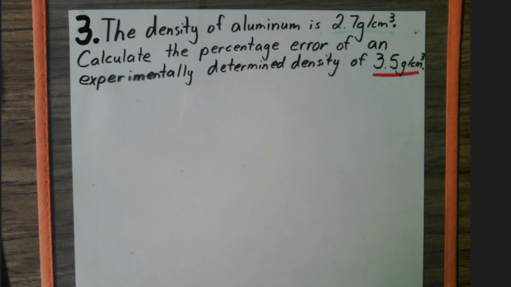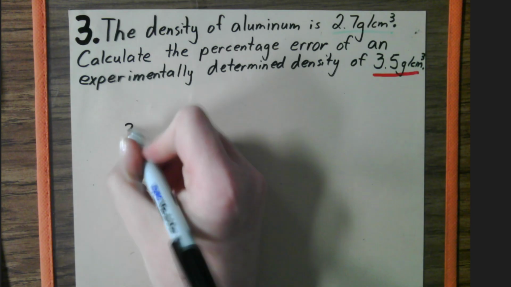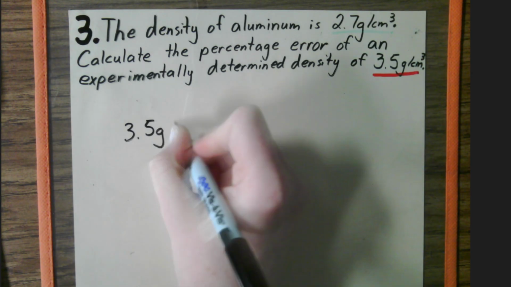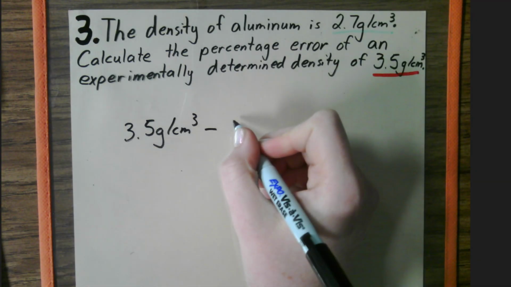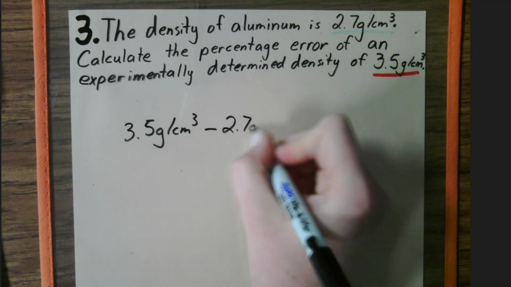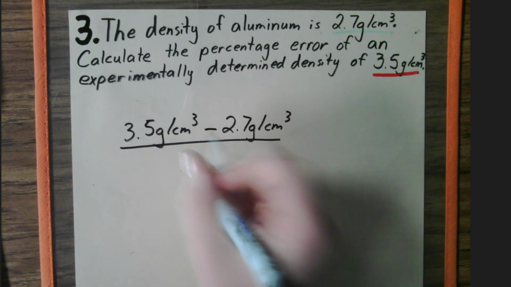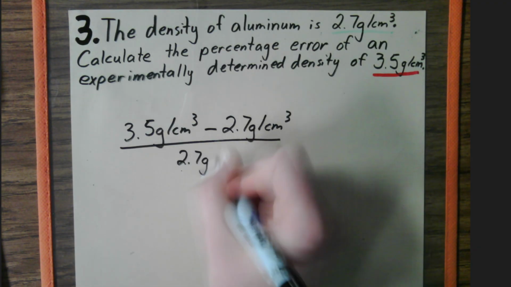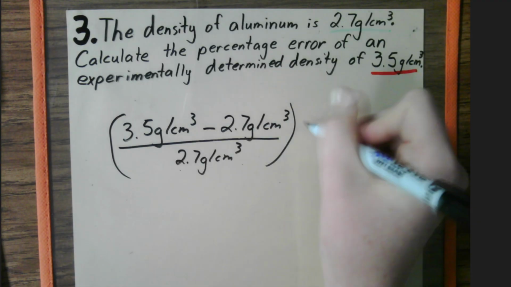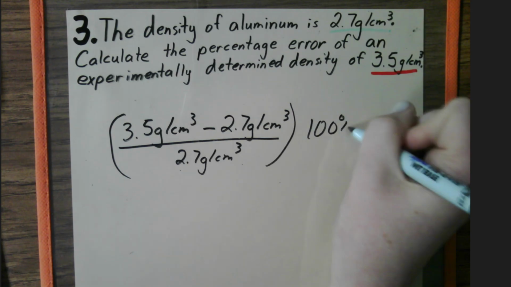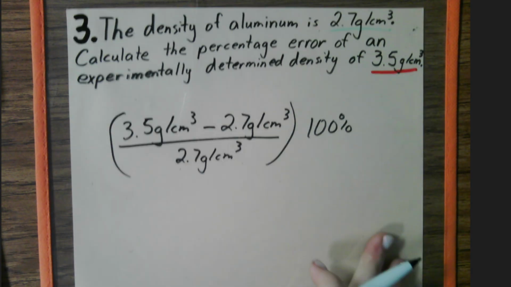Let's plug it into our formula. We have the value observed, which is 3.5 grams per centimeters cubed, minus our expected, which is 2.7 grams per centimeters cubed. All of that divided by 2.7 grams per centimeters cubed, and then all of that multiplied by 100%. Could do it all in one go on the calculator, but we're going to split it up.